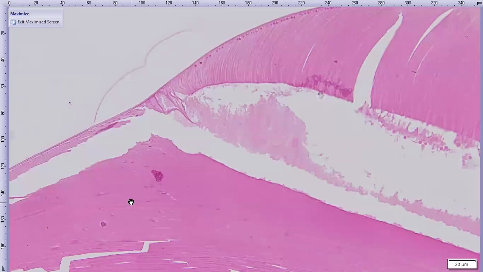Eventually the nuclei get lost and we're into the center of the lens, the nucleus of the lens. So that's a really complicated dance of formation that the lens undergoes.